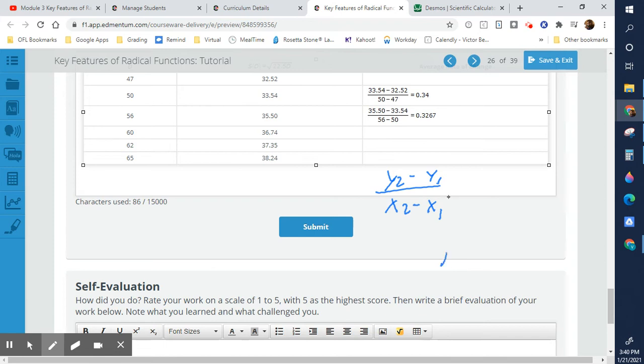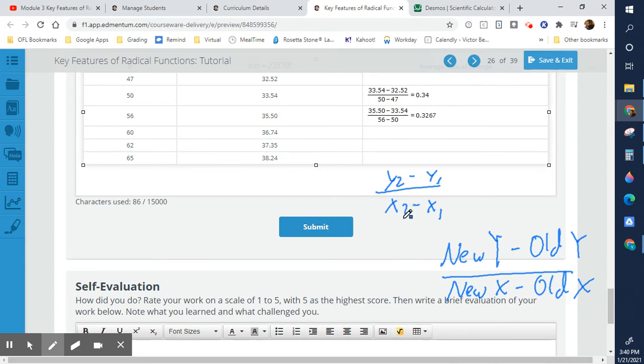In other words, new y minus old y over new x minus old x. That's what these little subscripts mean, too, the newer of the two.